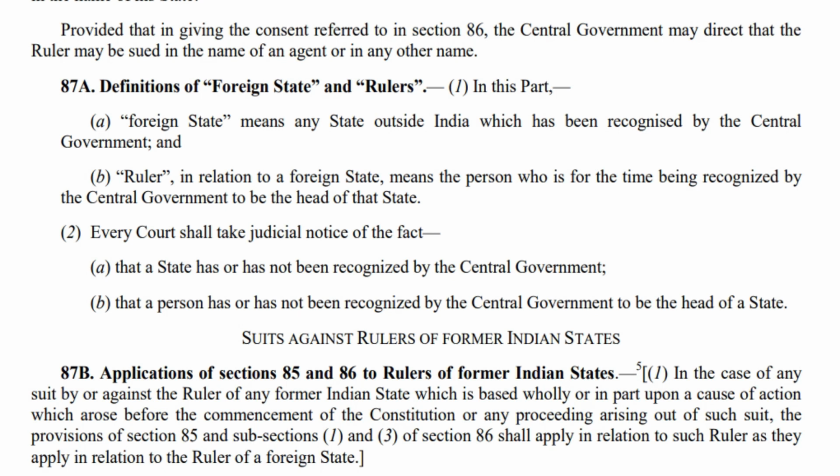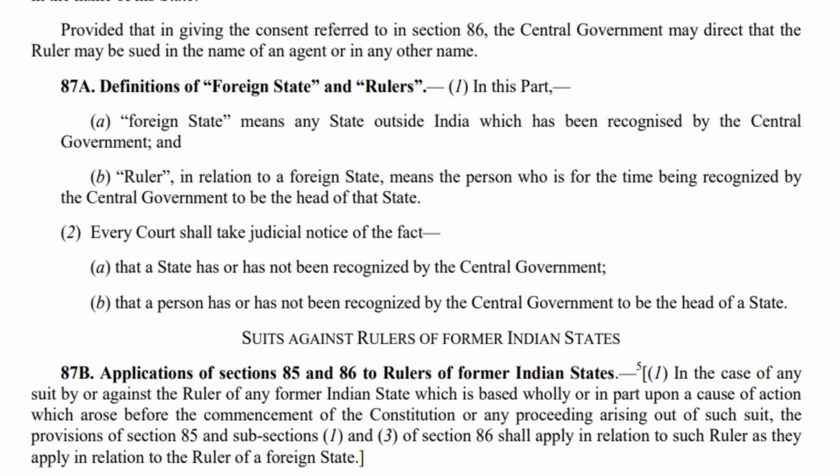Now let us move to subsection 2 under section 87A. There are certain things which a court should take judicial notice of. Here the word shall is used. The first thing, whether a state has been recognized or not recognized by the central government, the court should know this fact.